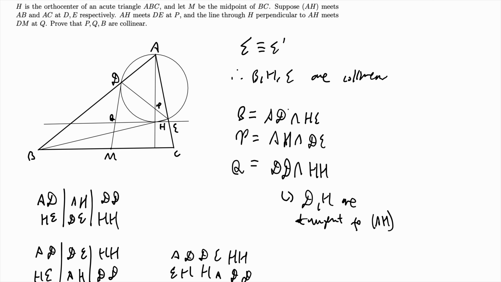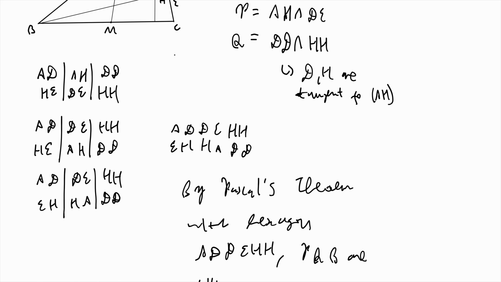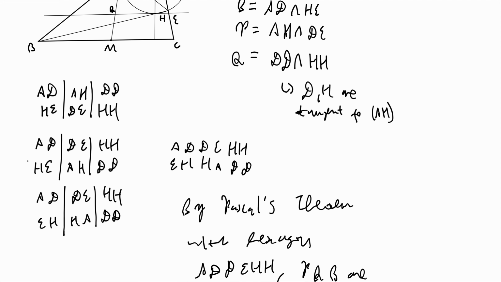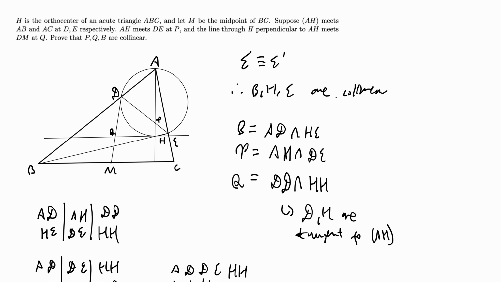And by three tangents lemma, we indeed know that they are tangent. So we could easily define our points like this. And from here, we could use Pascal's theorem for the 4 points right here. Actually it's 6, because we use D and H twice. And we're done. So I think that's the basic structure of this problem.